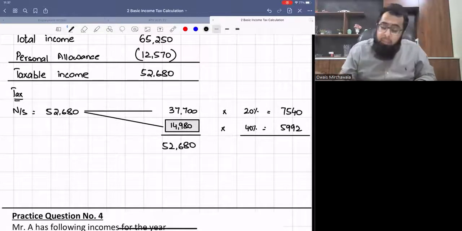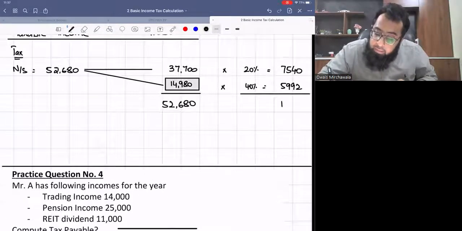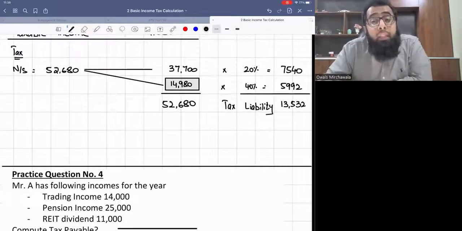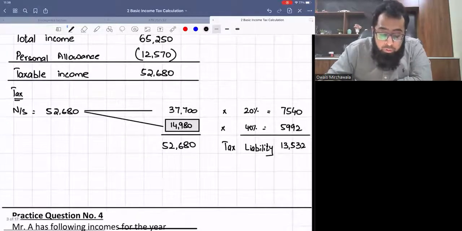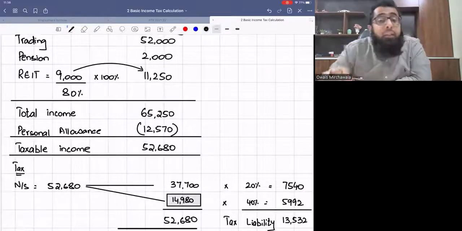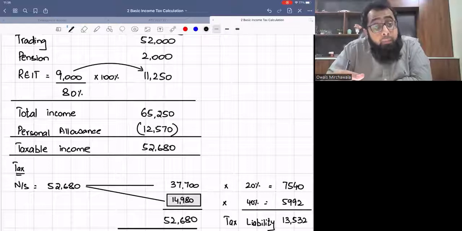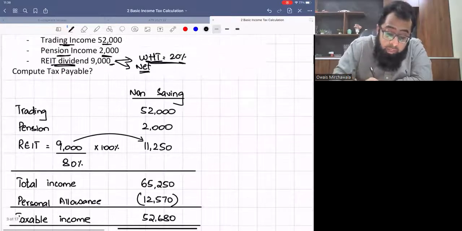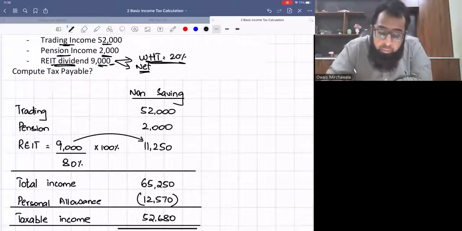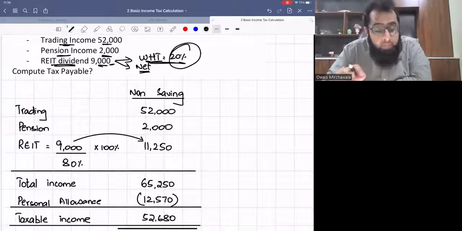So this gives me a tax liability of 13,532. Now, one new thing. There was some advance tax which we grossed up. The income was net, and we grossed it up. There was some advance tax of 20% which was already paid.